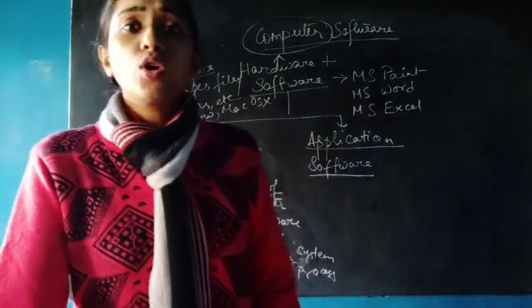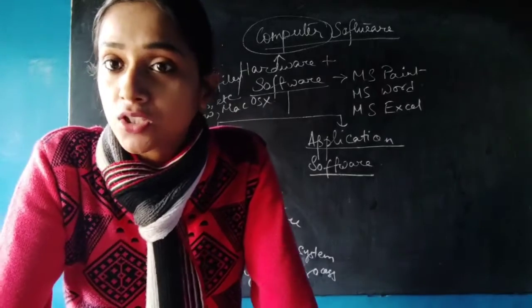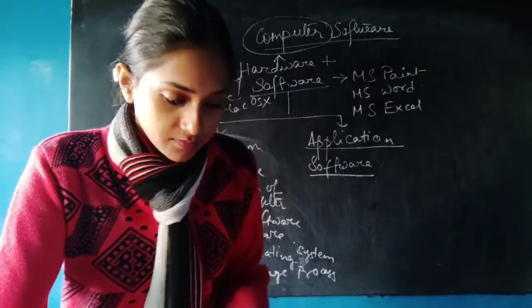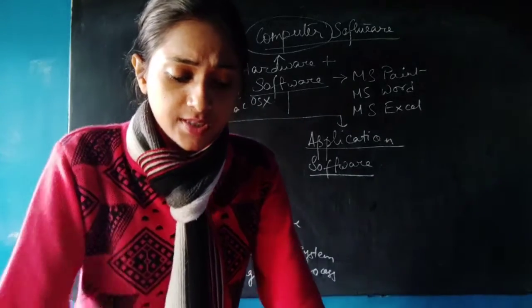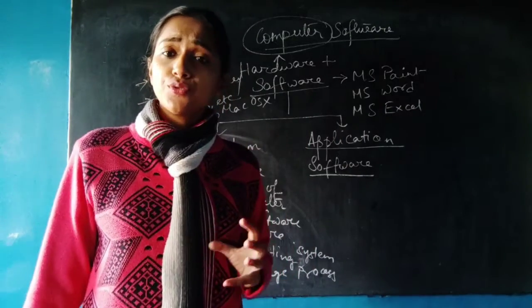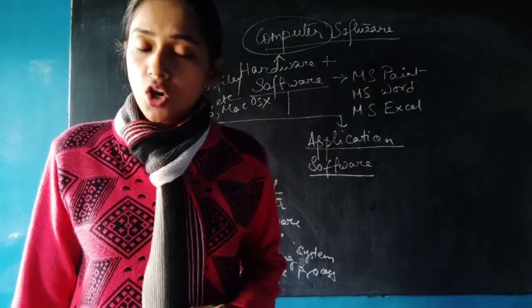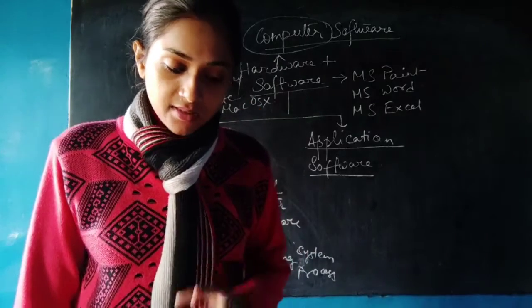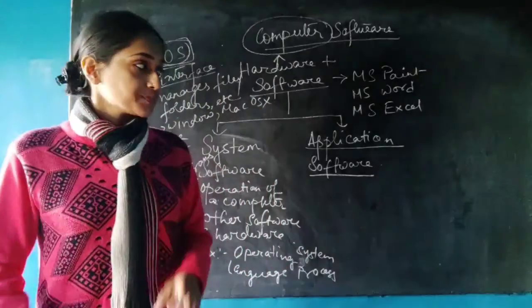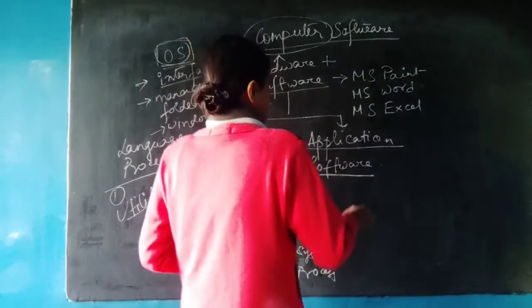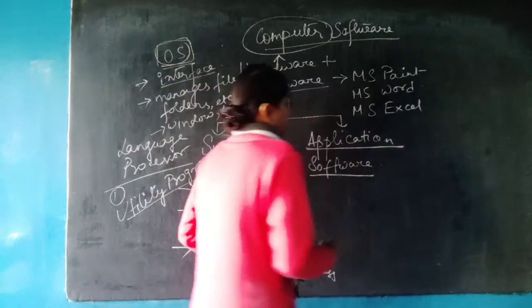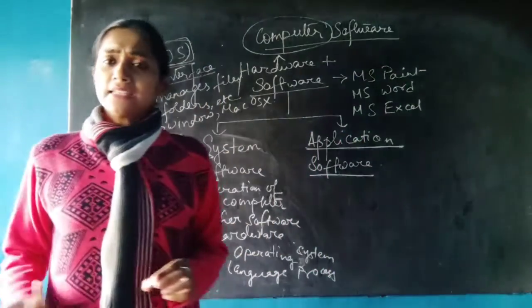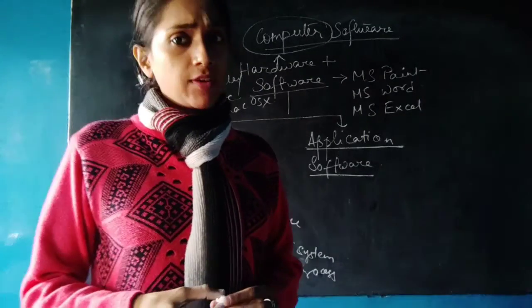So what is application software? The software which is written to do a particular task or a particular function is termed application software. Application means any application that is running in our computer or in our phone.